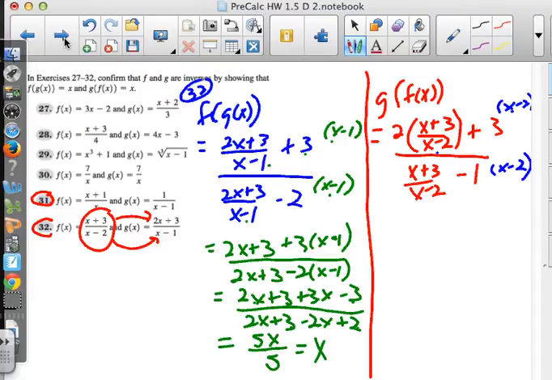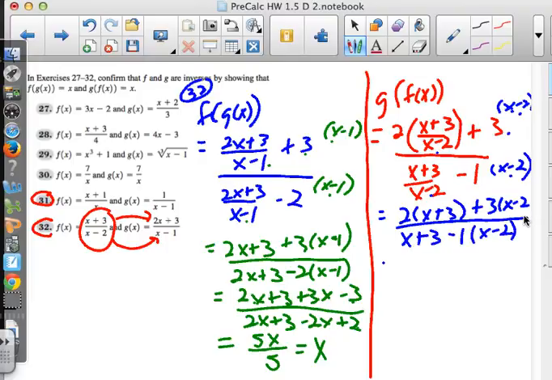Here the x minus 2's will cancel out, and we will get 2 times x plus 3 plus 3 times x minus 2. In the denominator here, the x minus 2's will cancel out, and we will get x plus 3 minus 1 times x minus 2. So we will have 2x plus 6 plus 3x minus 6, all over x plus 3 minus x plus 2.